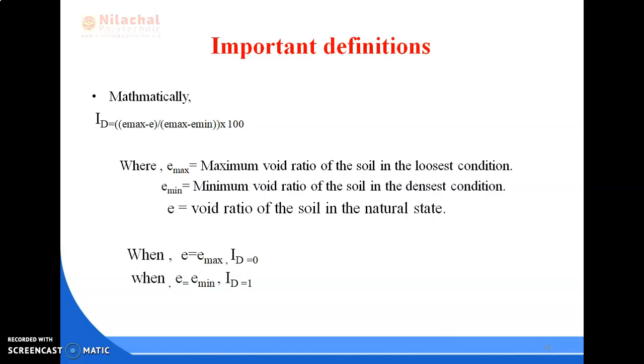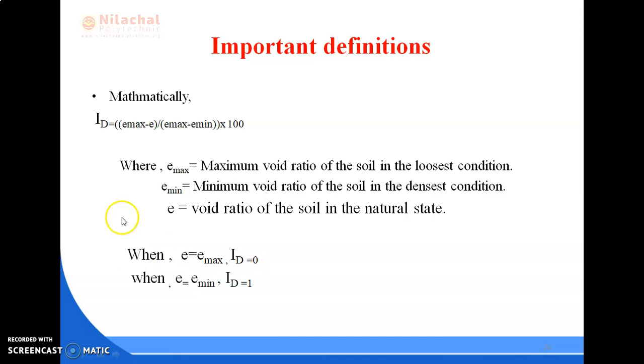Again, e minimum equal to minimum void ratio of the soil in the densest condition, and e equal to void ratio of the soil in the natural state. This is the formula. You have to remember this one.